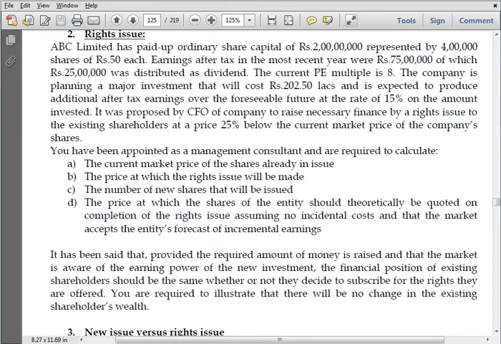That's the present value of inflow. 202.5 into 15% into 8, minus the present value of outflow, 202.5.